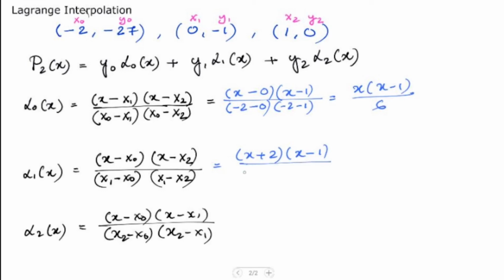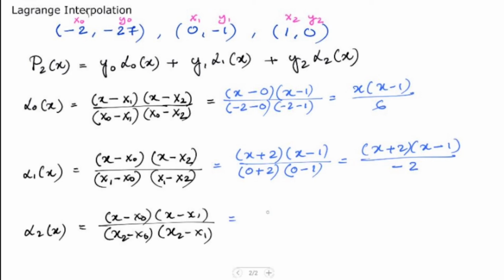Down here we have x1, that is 0, minus x0, which is minus 2, so that's plus 2, and then x1, again 0, minus x2, that's 1. So here, keeping the brackets as they are, we have x plus 2 times x minus 1 divided by 2 times minus 1, that's minus 2.